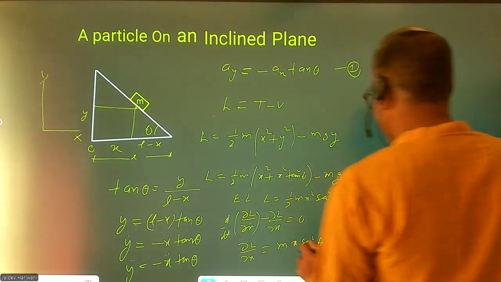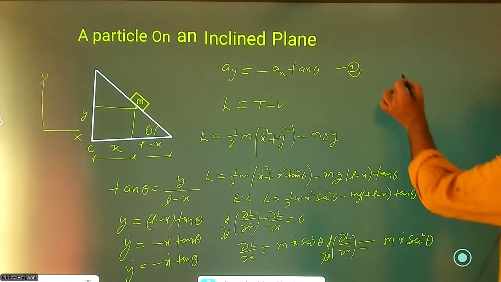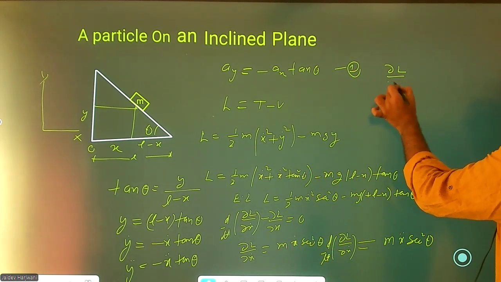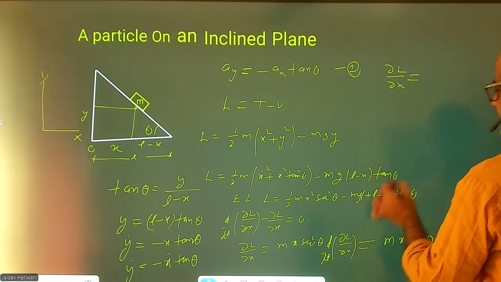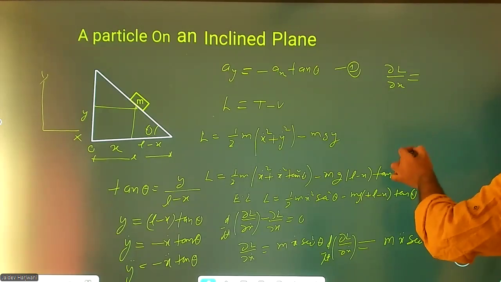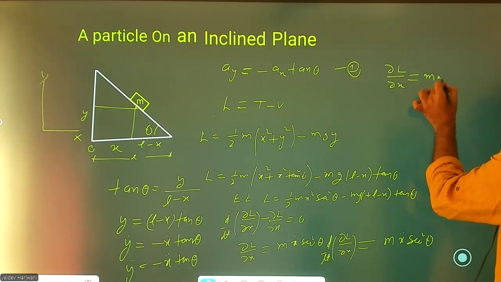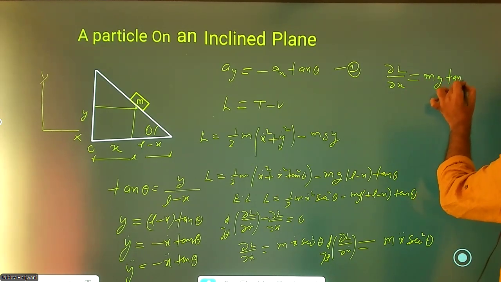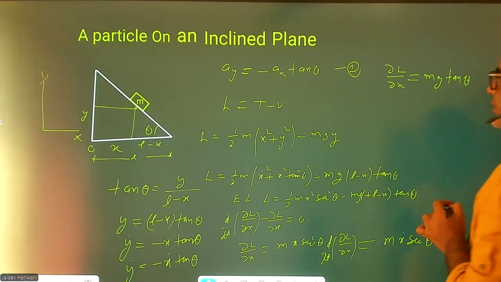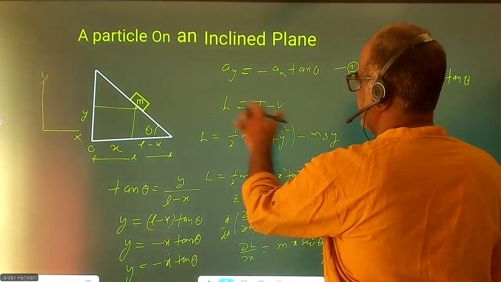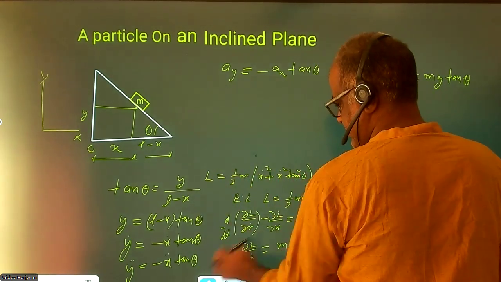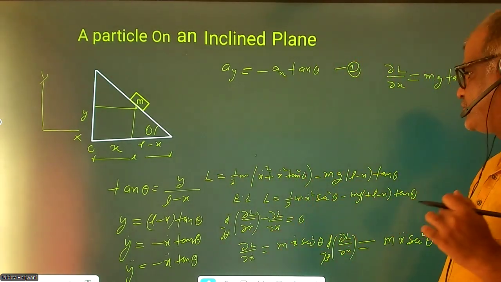Now let me write del L by del x. Del L by del x gives me, minus minus plus, mg tan theta. Now put these values in the equation and I can write the equation of motion.